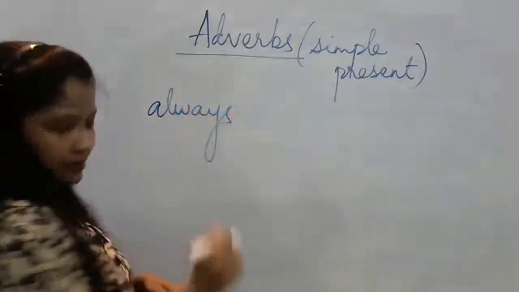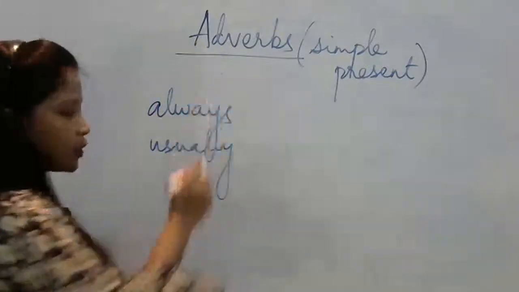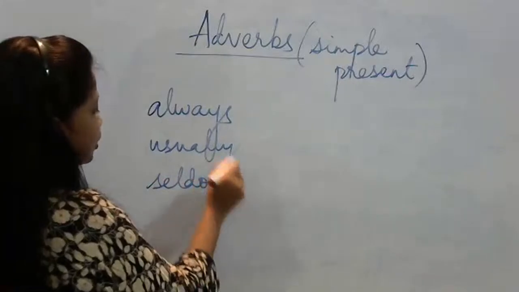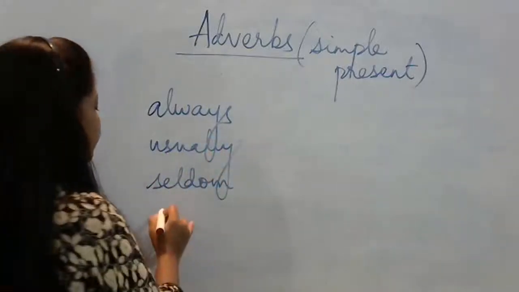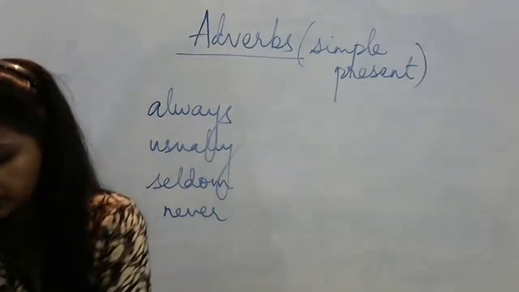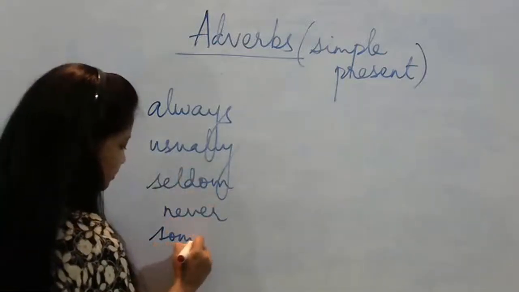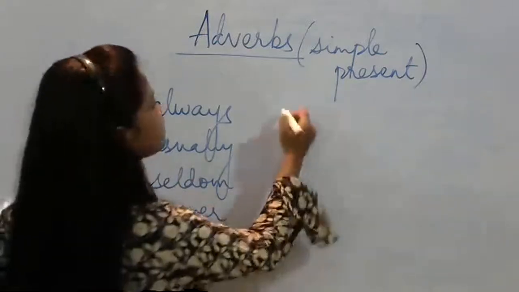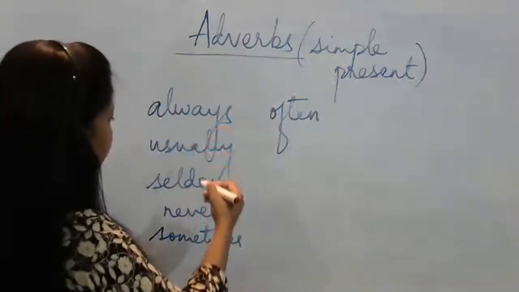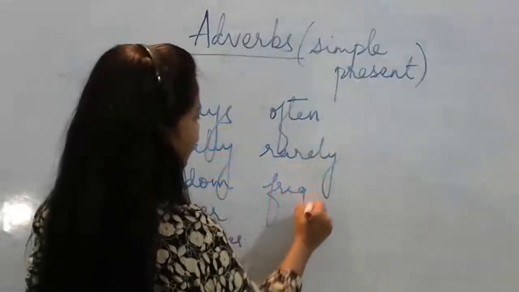It is always, usually. You can start framing a sentence with each. Seldom, never, rarely, frequently.